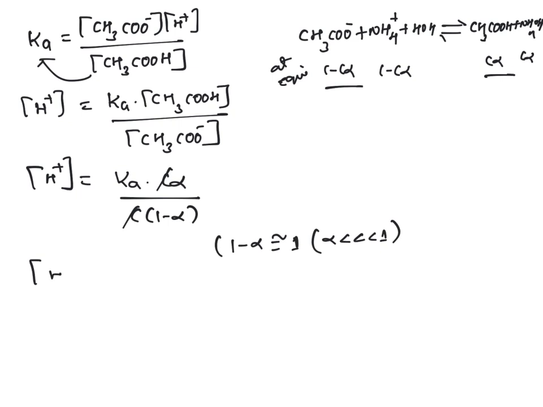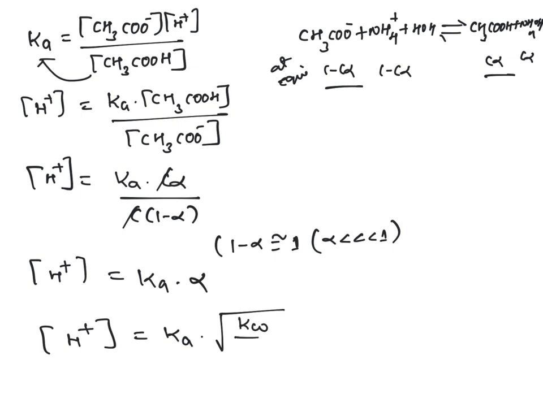Therefore H plus concentration equals Ka into alpha, and we have derived alpha in terms of hydrolysis constant, ionic product of water, and acid and base dissociation constants. So I am substituting instead of alpha, equal to under root of Kw by Ka Kb.